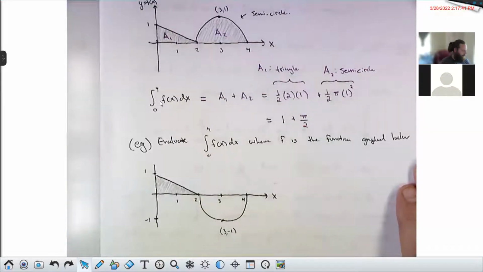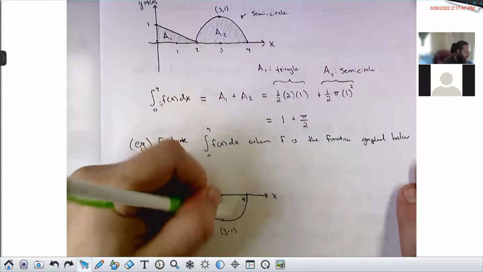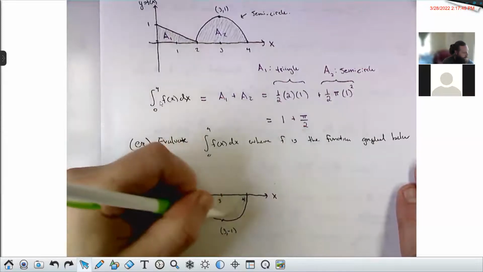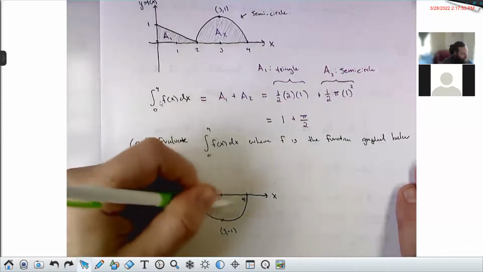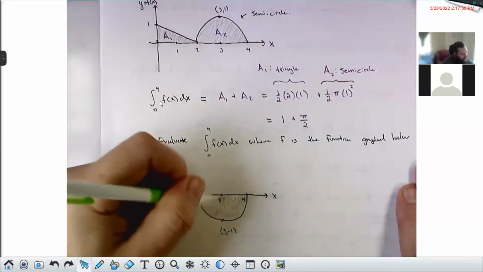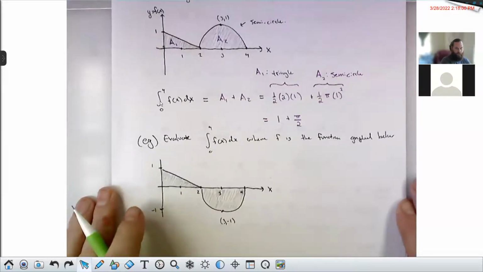Here's that region A1, and it's identical to the A1 region from the previous problem. Here's the region A2, and it is again a semicircle of radius 1, but now that area lies beneath the x-axis.